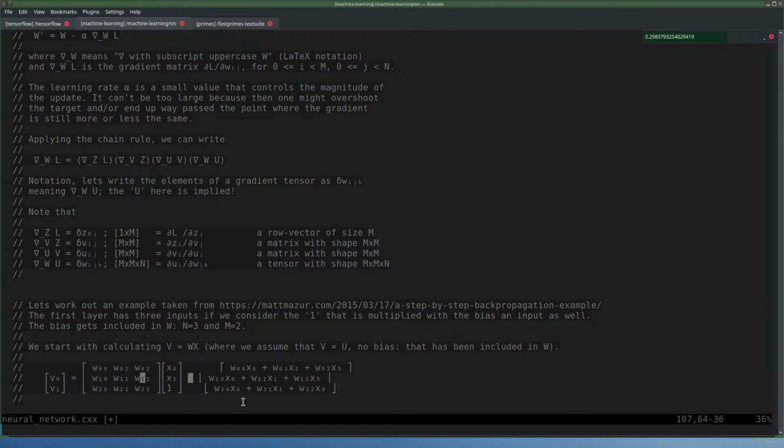Yes, the inputs are now x0, x1 and 1. So this must be a 2 by 3 matrix, so this whole thing must be removed as well.